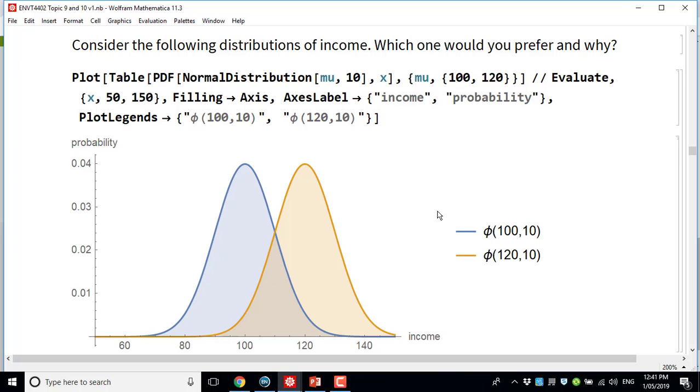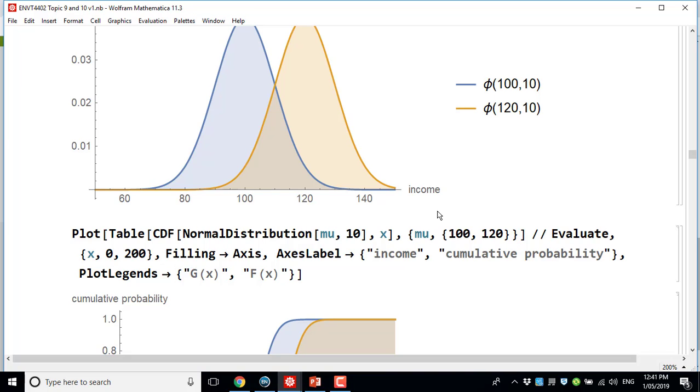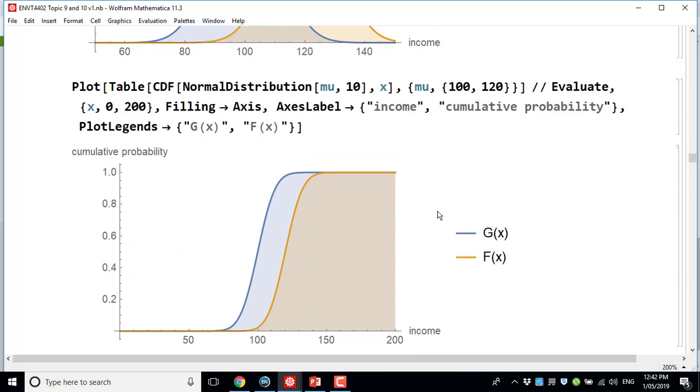So here are two distributions, and the concept that we are using is the stochastic dominance concept. We are going for only the first two dominance criteria: one is the first order, and the second one is the second order. So we have a probability distribution like this. The second thing we should do is the cumulative probability distribution.